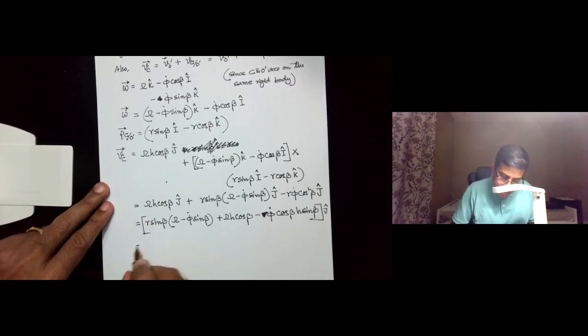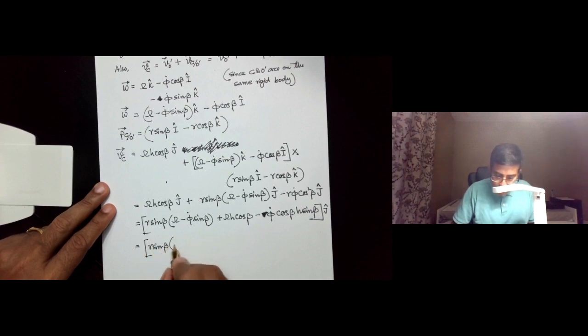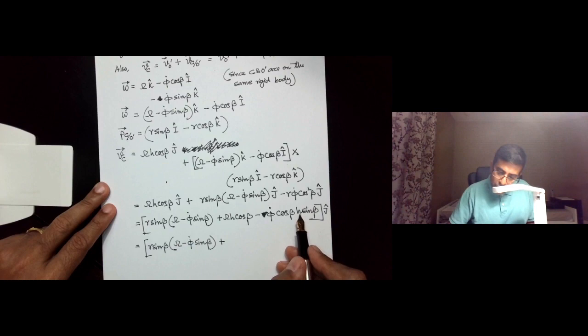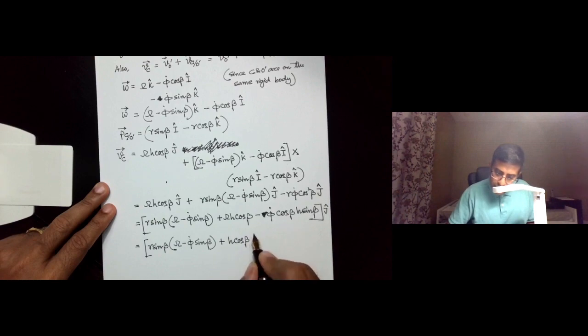Right? And so in the next step we will do r sine beta omega minus phi dot sine beta plus, we will have h cosine beta as a common factor in these two terms.